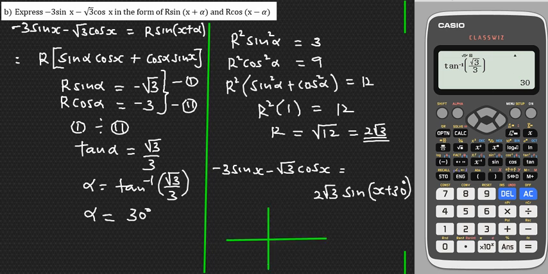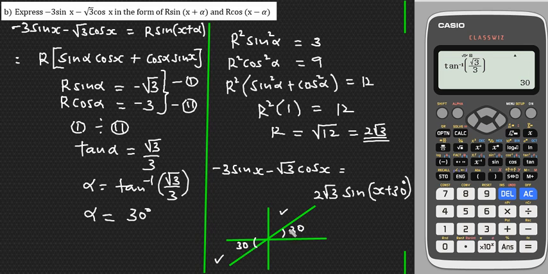In the first quadrant, because here tan alpha is positive, so tan alpha is positive in this quadrant. It is positive here and positive here. So when you have root 3 over 3, that means it is positive, so it is only here where we get 30, and this angle is also 30.